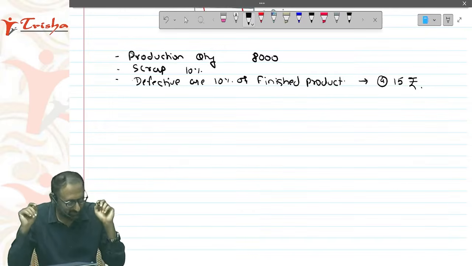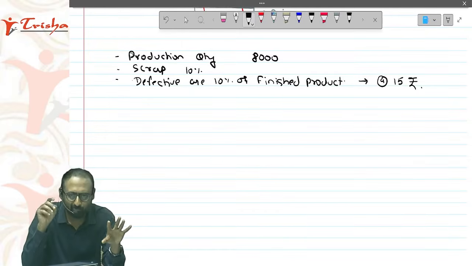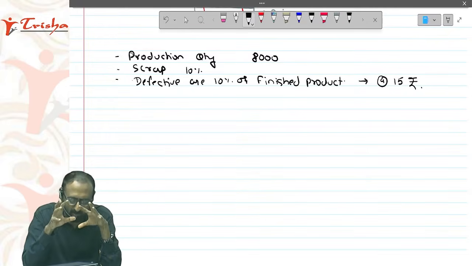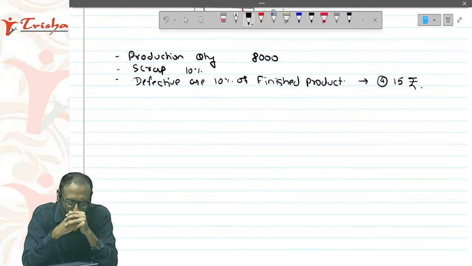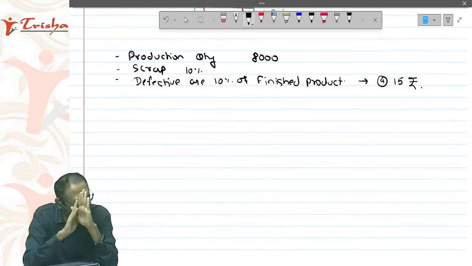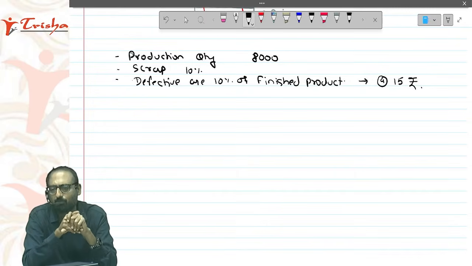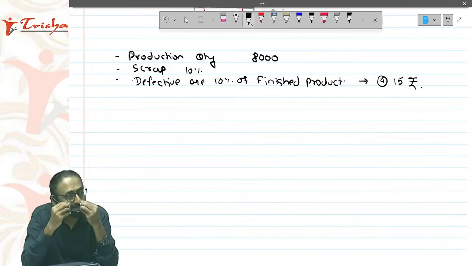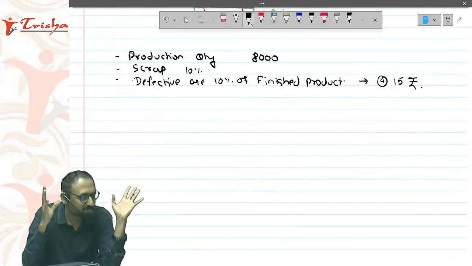First of all, let's understand. I'll come to you. You'll have to answer. But guys, boys and girls, everybody please concentrate here. There is a huge difference between scrap and defective. What is the difference? Scrap is directly wastage.